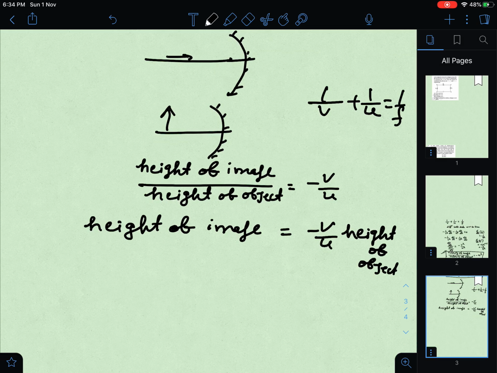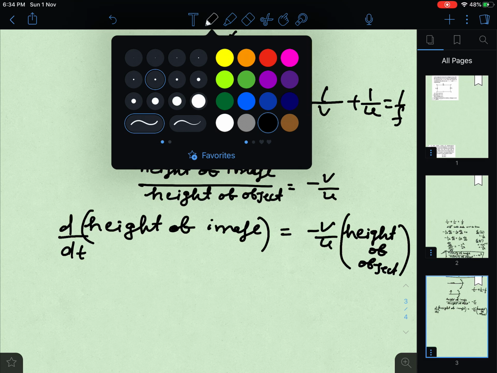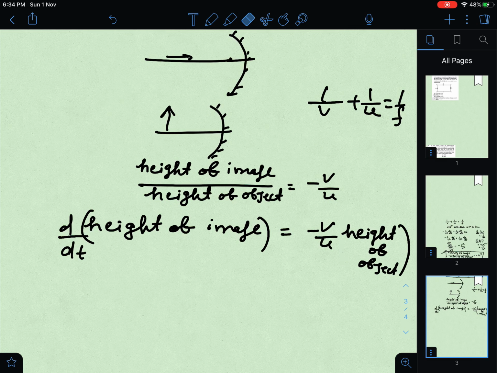So if I take d by dt on both sides, that is d by dt of this term and d by dt of this term, meaning the entire term. What will happen?